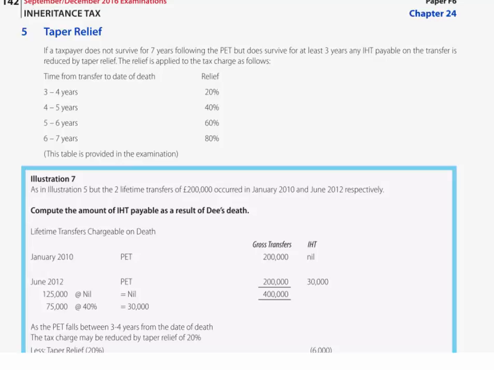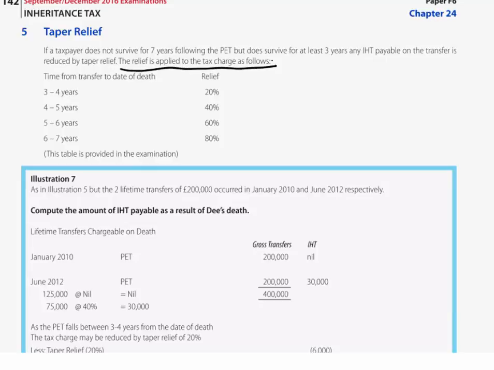So now, in section 5 of our inheritance chapter, chapter 24, we look at the availability of taper relief. The important thing to stress here about taper relief is that this is a reduction in the tax charge. The relief is applied to the tax charge.